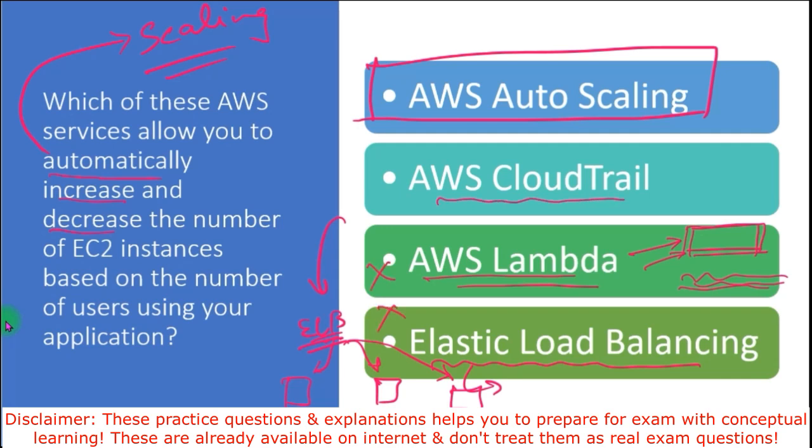AWS CloudTrail helps us with governance, compliance, and operational and risk auditing for our account. It takes note of actions by the user. If any action is taken by a user, a role, or any AWS service, CloudTrail will log those records as an event. In this way, it helps us for auditing purposes. What do these events include?